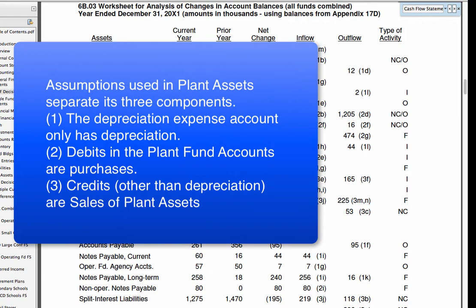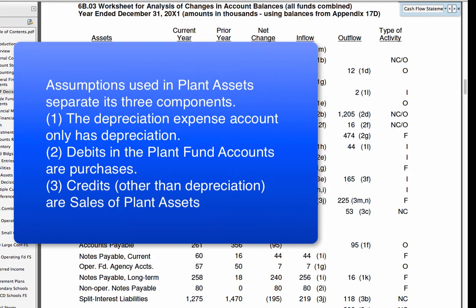So if I take the difference between these two numbers, remove what was caused by depreciation, take the debits to the plan asset accounts, meaning that they are purchases, and the credits to the plan asset accounts besides depreciation, meaning they are sales, then I'm able to make an automatic cash flow statement.